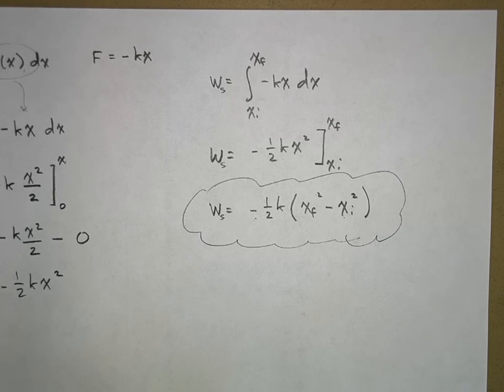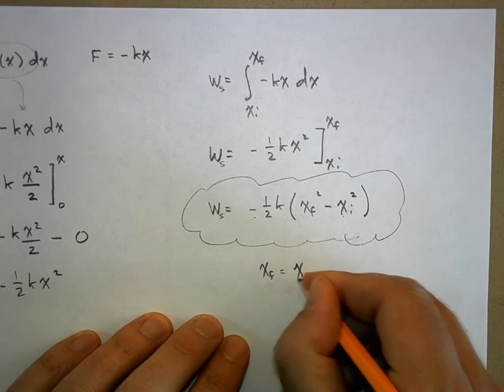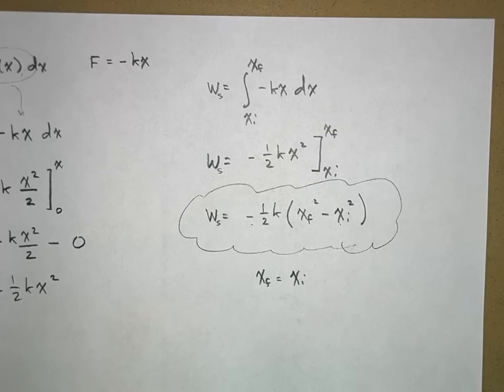One thing to notice here, what if x final equals x initial? It's going to be 0. So, in other words, if you finish where you start, you don't do any work at all.